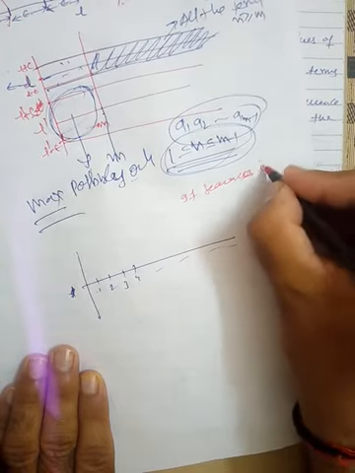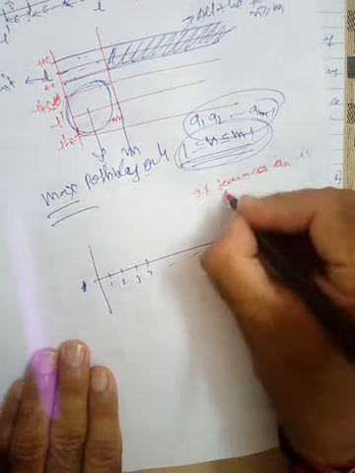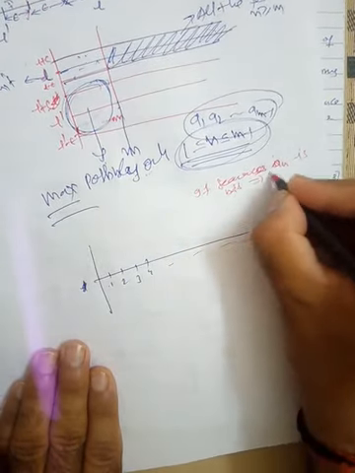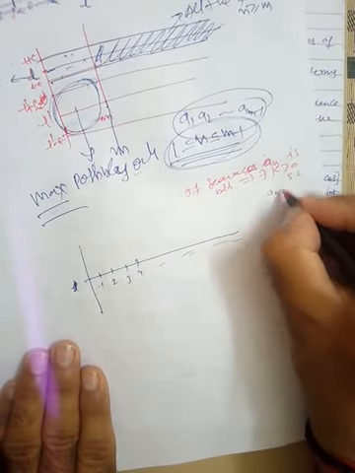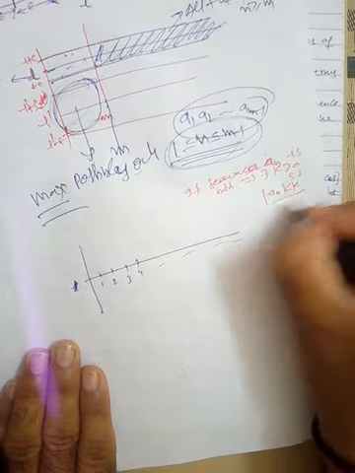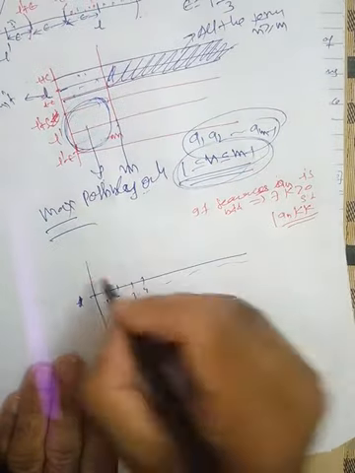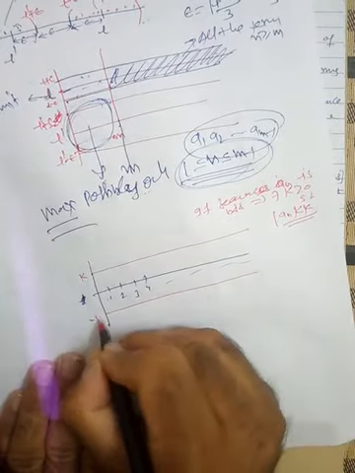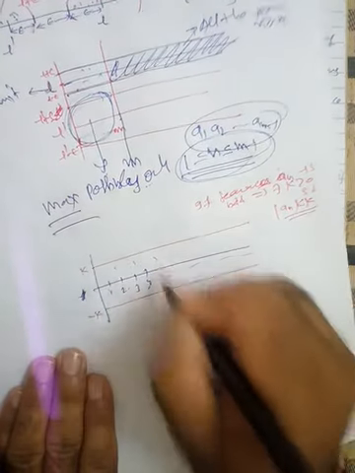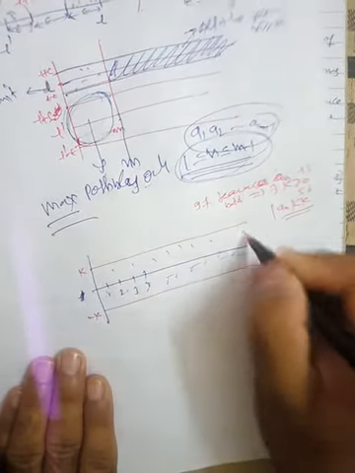If the sequence a_n is bounded, that means there exists a positive constant K such that a_n is lying between minus K and K. We already know this. So all the terms of the sequence will be lying here.